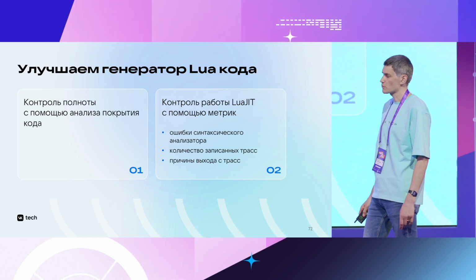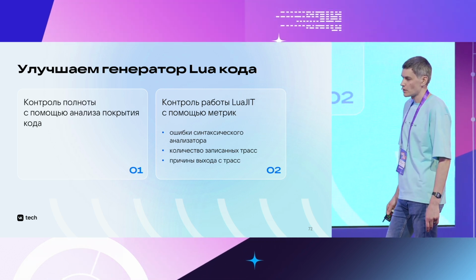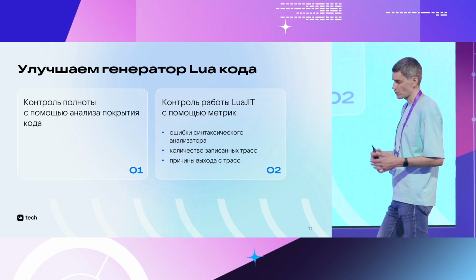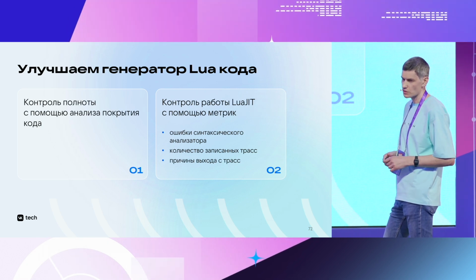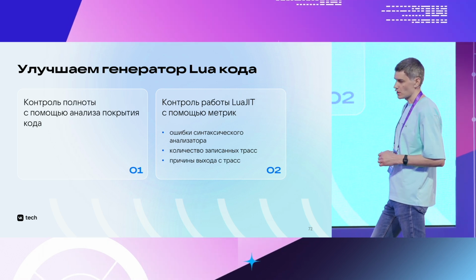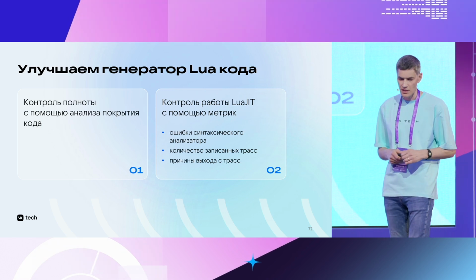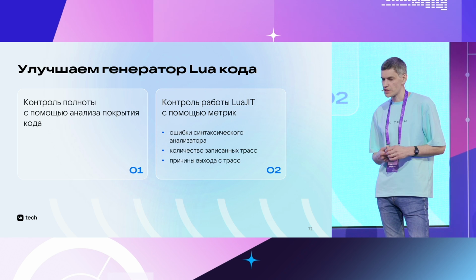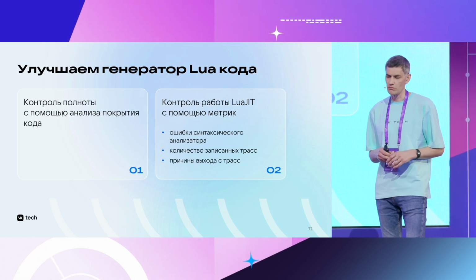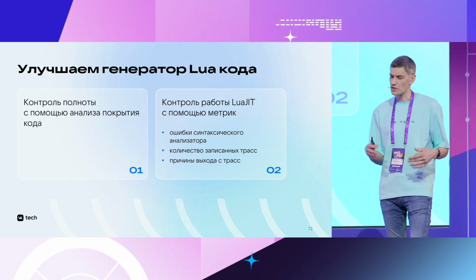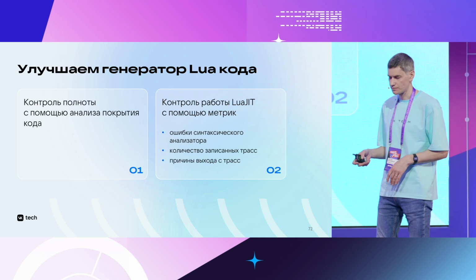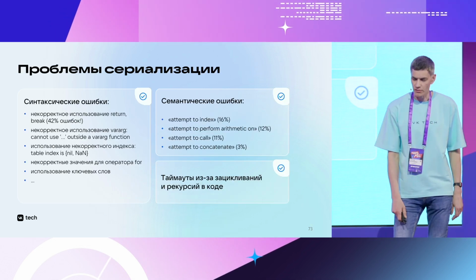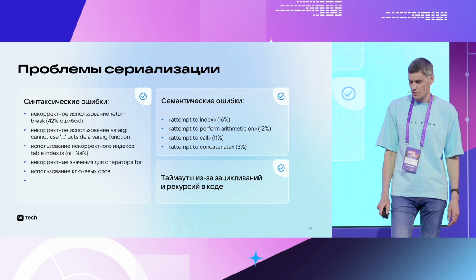Then we looked at whether we have any errors from the syntax analyzer during the running of the code. And we saw syntax errors. We looked at LuaJIT metrics to see how much of the generated code goes to the compiler.